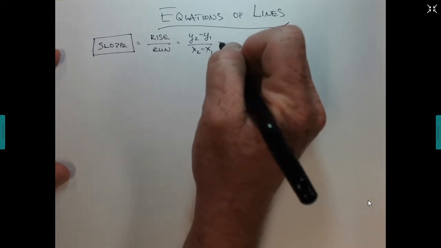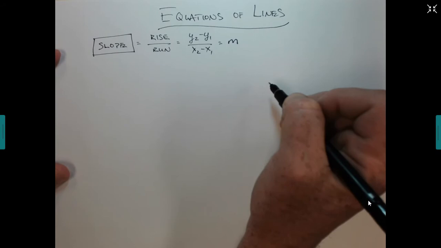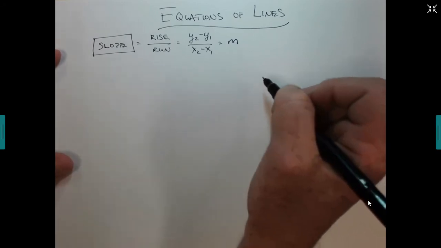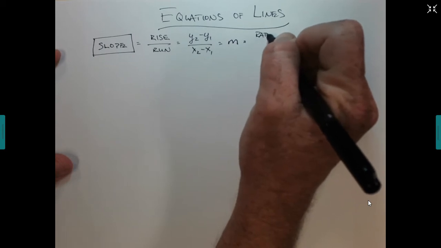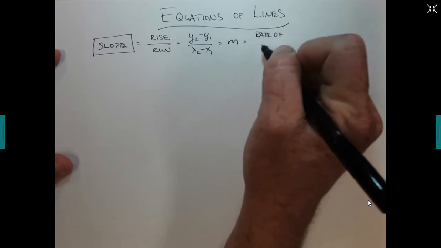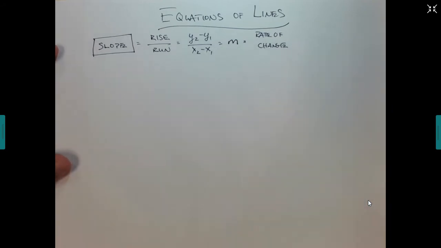And you can recognize it usually as the letter M. It's also referred to as a rate of change. All of these topics are related when we're talking about slope.